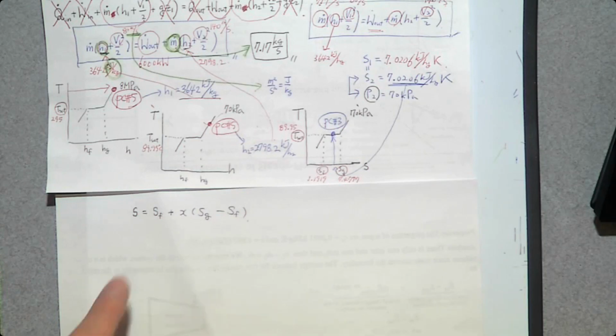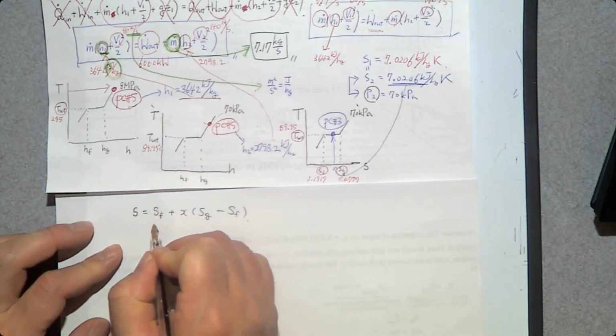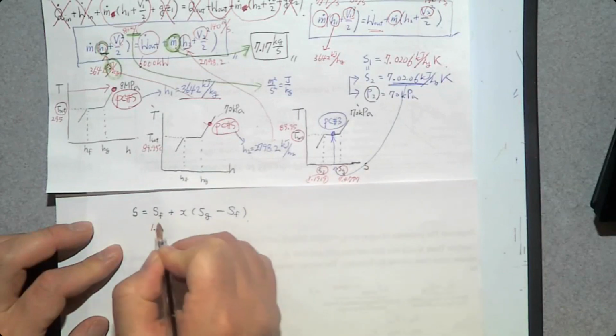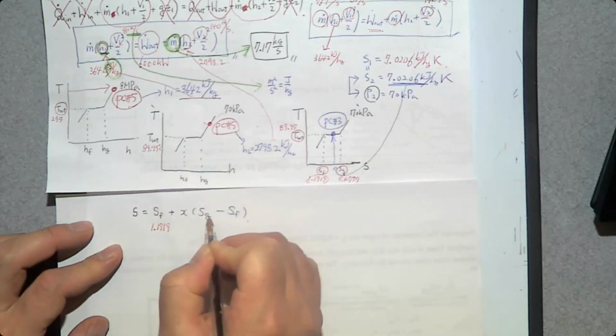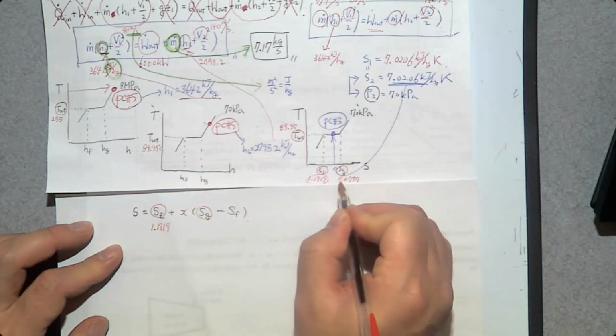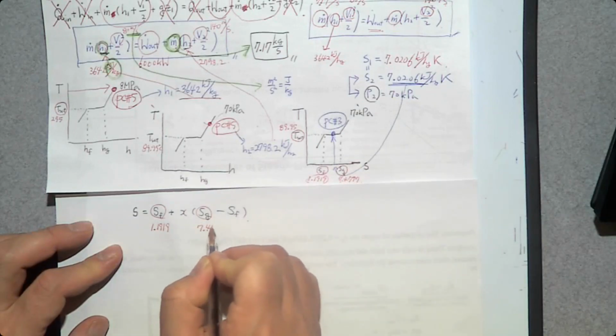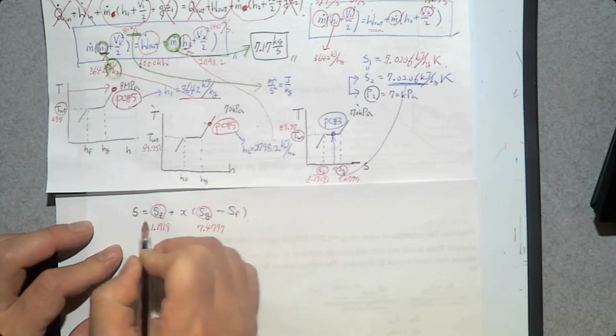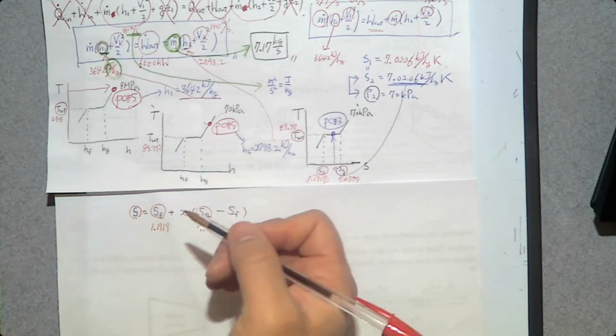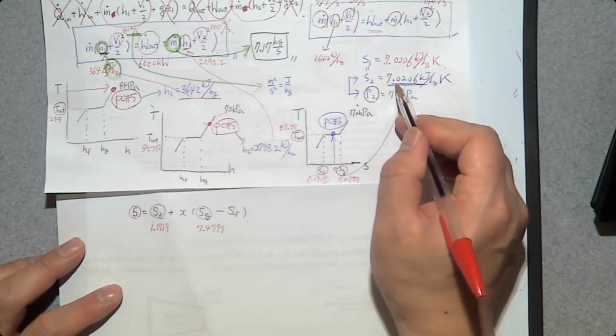So do we know SF? Yes, 1.1919. Do we know SG? Yes, 7.4797. Do we know S? Yes, 7.0206.